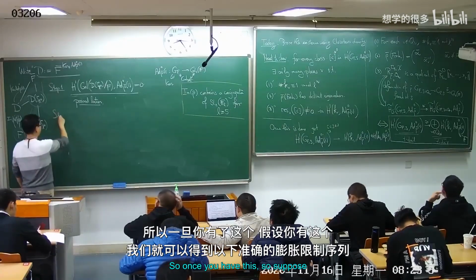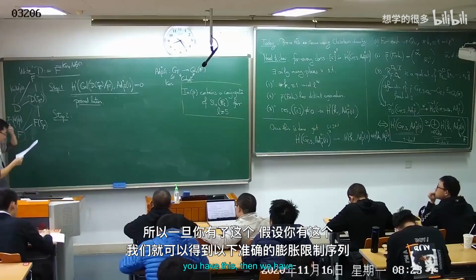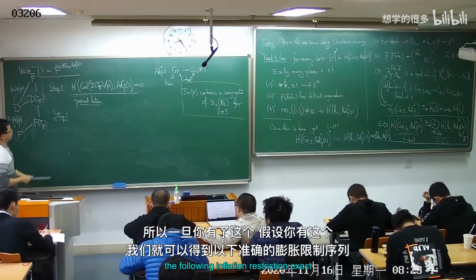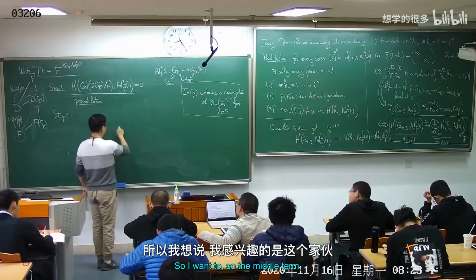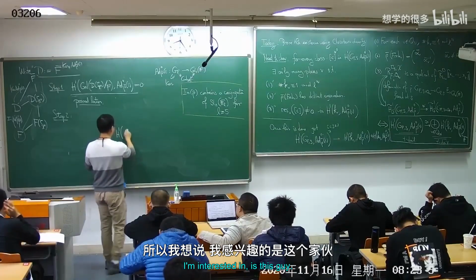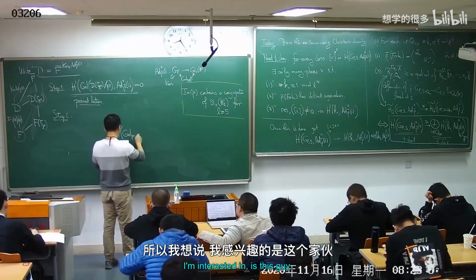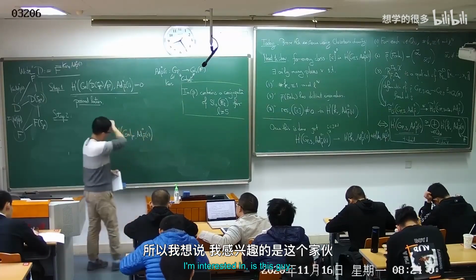So once you have this, so suppose you have this, then we have the following inflation restriction exact sequence. So the middle term I'm interested in is this guy.